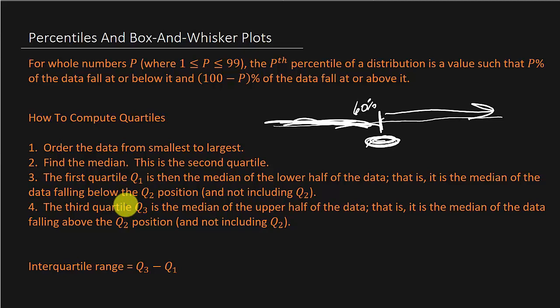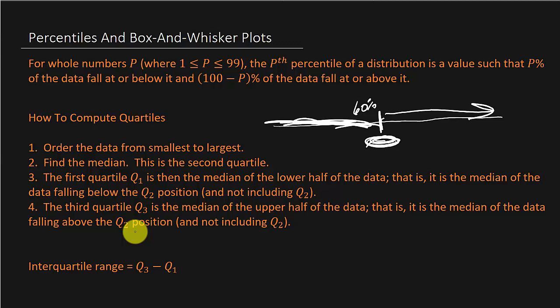The second quartile, which is also called the median, is the 50th percentile. And then Q3, or the third quartile, is the 75th percentile.